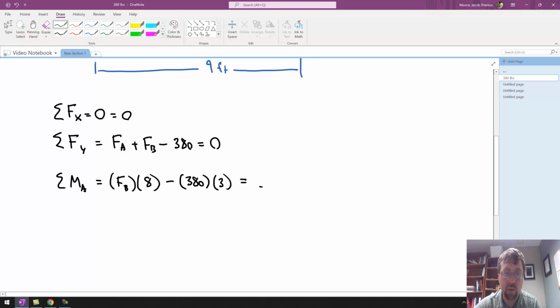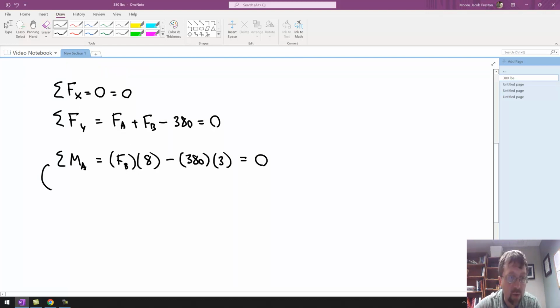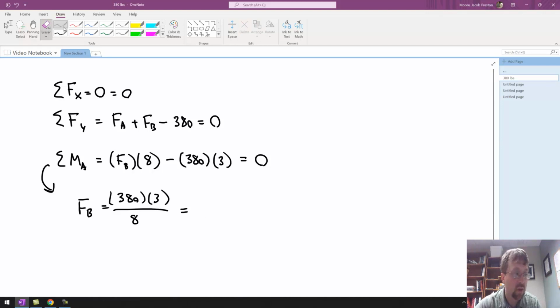That must be equal to 0. And this is negative because it would cause a clockwise rotation, which is negative rotation. So if I take this moment equation, F_B is going to be equal to 380 times 3, divided by 8, or F_B is going to be equal to 142.5 pounds.